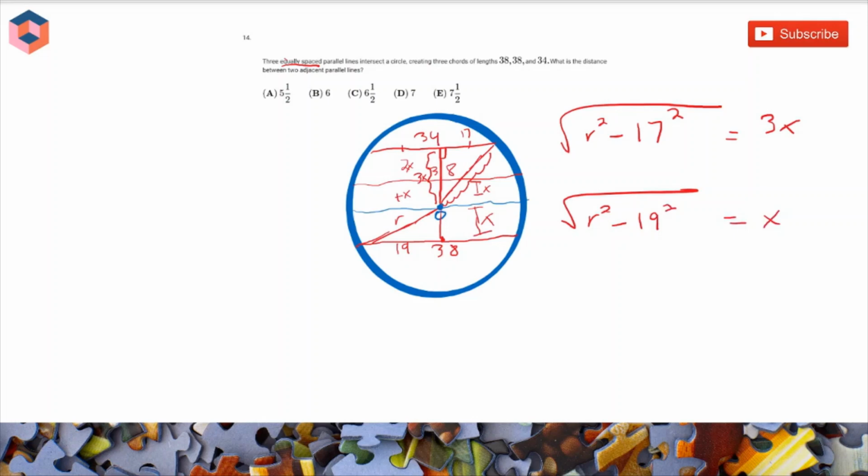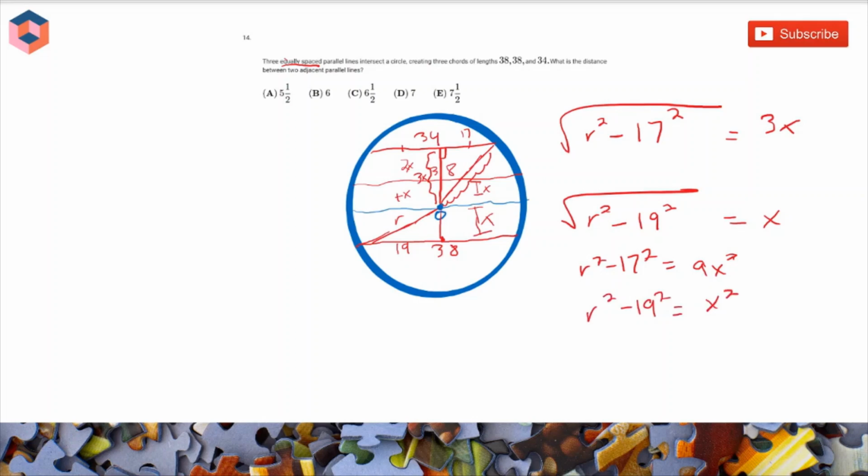First, square both sides for both the equations. So we'll get r squared minus 17 squared is equal to 9x squared. For the second equation, we'll get r squared minus 19 squared equals x squared.